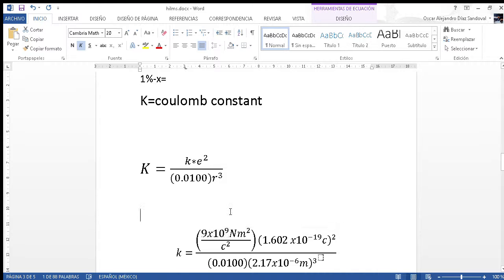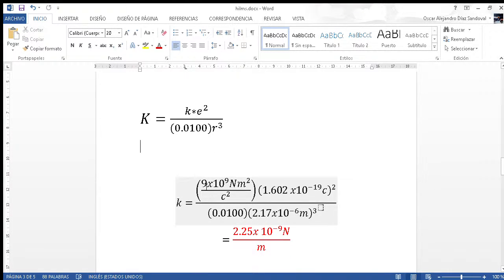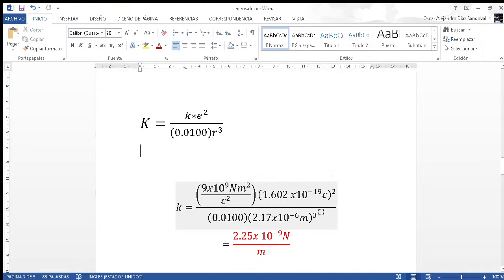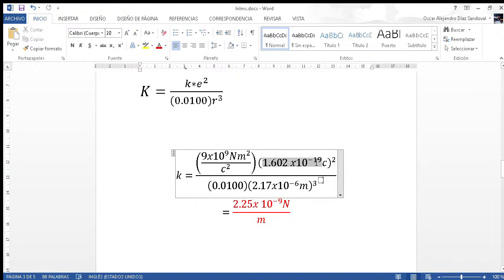You can obtain 8.99, but for me it's easier to work with this value, because 8.99 is equal or very similar to this one. The same for the charge of the electron.